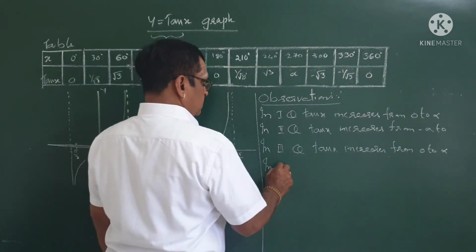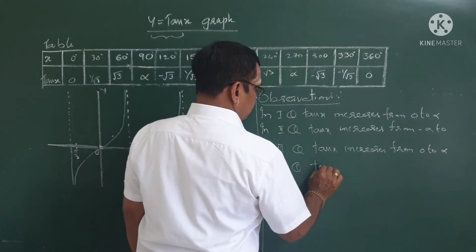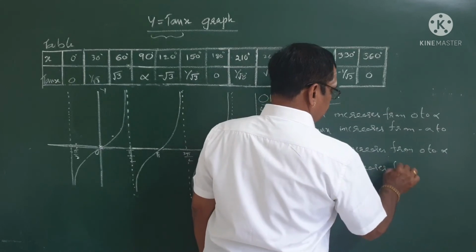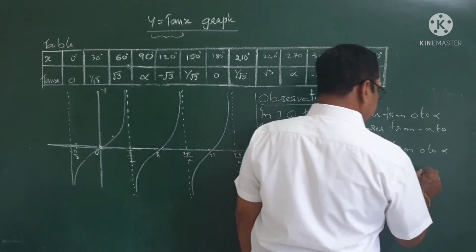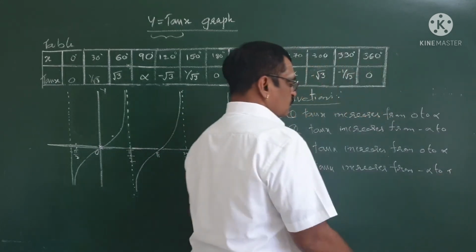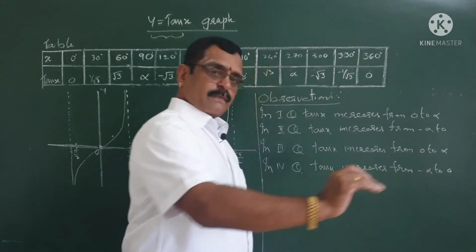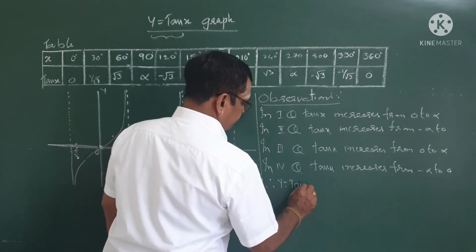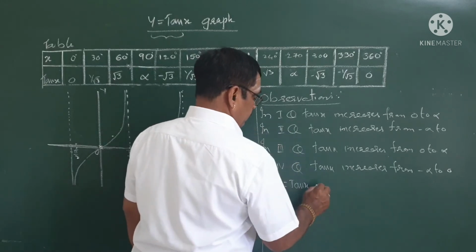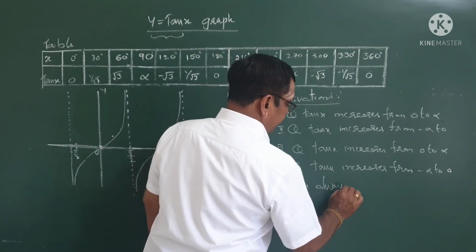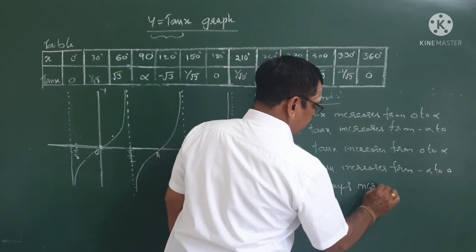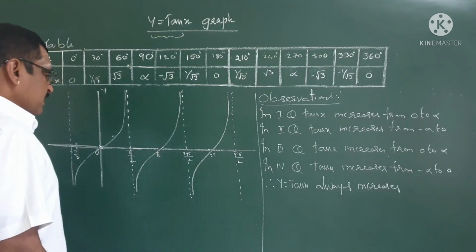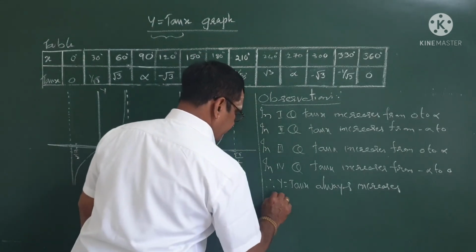In the fourth quadrant, tan increases from negative infinity to 0. So it always increases. Therefore, my conclusion is y is equal to tan x graph always increases.